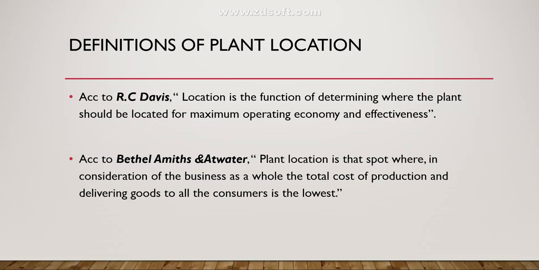So according to this definition, the ideal location is where it will help you to minimize the total cost of production and the cost of delivering goods to all the consumers. Simply put, plant location is the location which gives you all the economic benefits, which help you to be at minimum cost in terms of the production unit. That's how we can earn better profits for our business organizations.